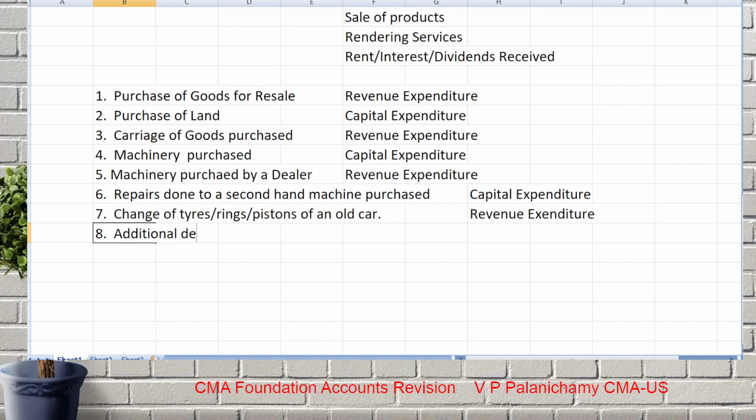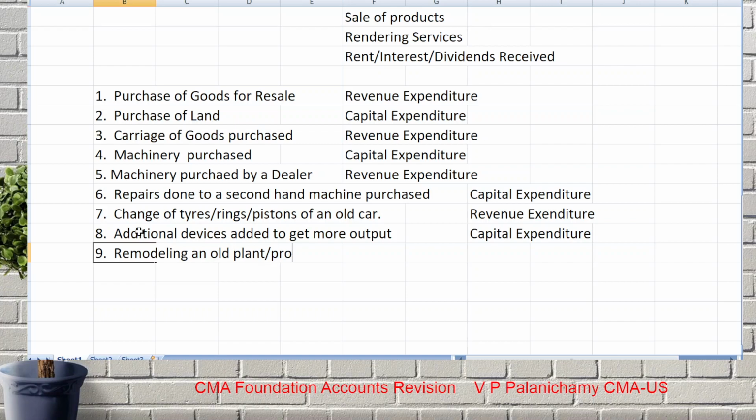Additional devices added to get more output. Why? Improvement. It's a capital expenditure. Remodeling an old plant or property.